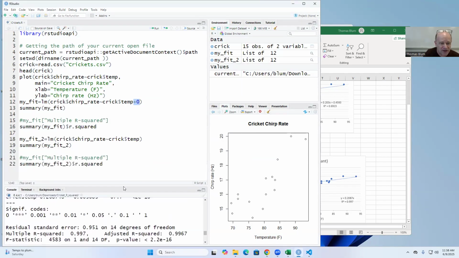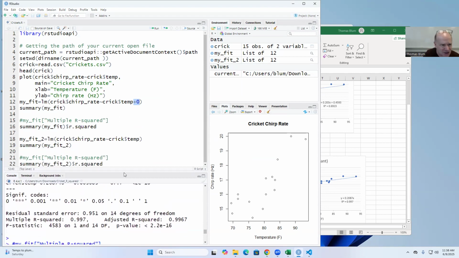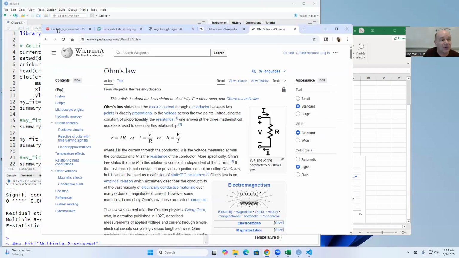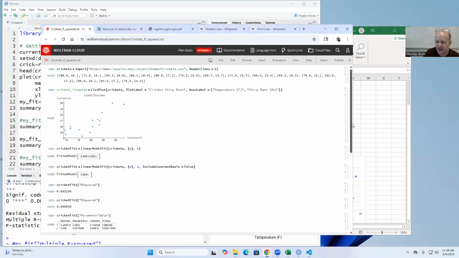So R is agreeing with Excel. Then I looked over at Wolfram Cloud and did the same: brought in the data, made a list plot, did a linear model fit, and then a linear model fit in which I set the constant to 0, IncludeConstantBasis false, and for these two fits, Cricket Fit 1 and Cricket Fit 2, I found their R-squared, and it was also agreeing.